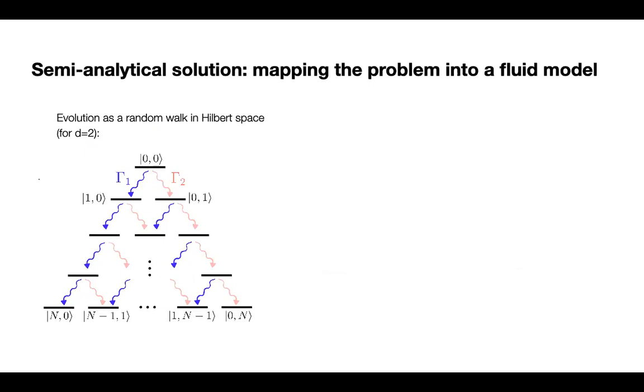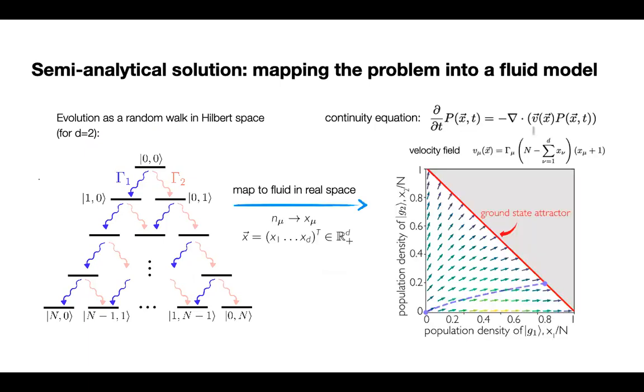So one way of thinking about this problem is you take this evolution of a random walk in Hilbert space, and now you map this evolution into a fluid in real space by taking these variables and making them continuous.